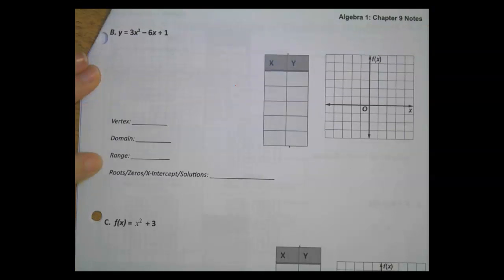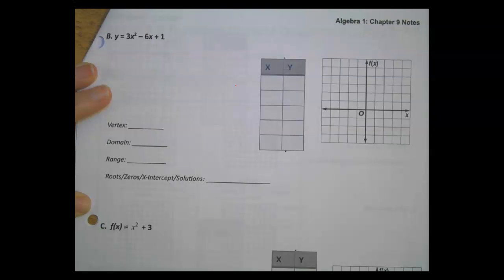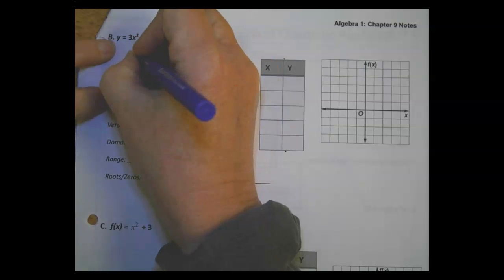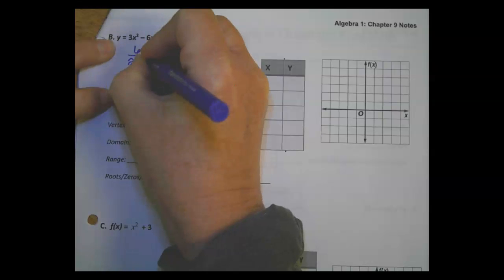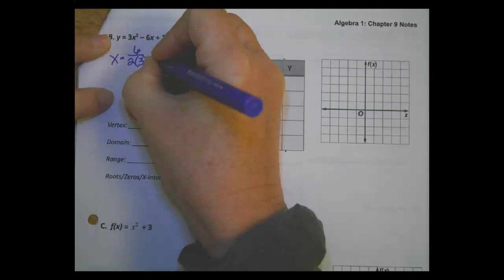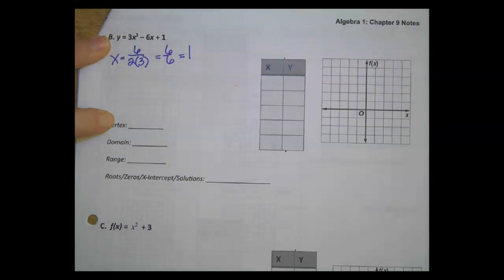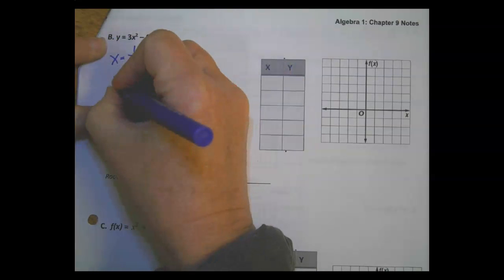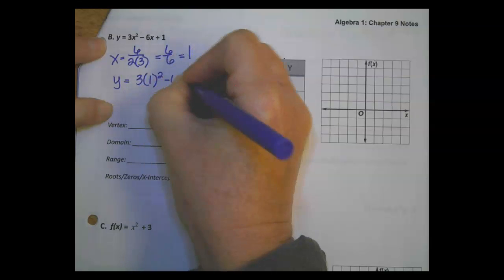Just as long as I can, so you can see my picture here. All right, so the same thing, vertex first. So it says the opposite of b, which would be 6, divided by 2 times my a, which is 3. So this is my x. 6 divided by 6 is 1. Then I'm going to substitute this 1 back into the equation and solve for x.